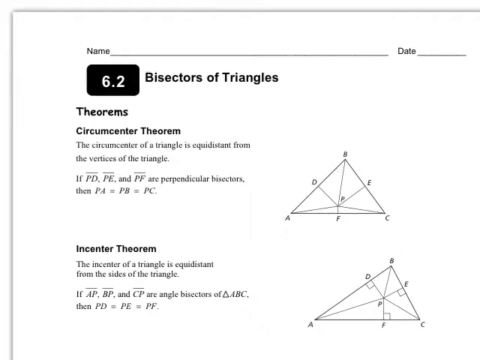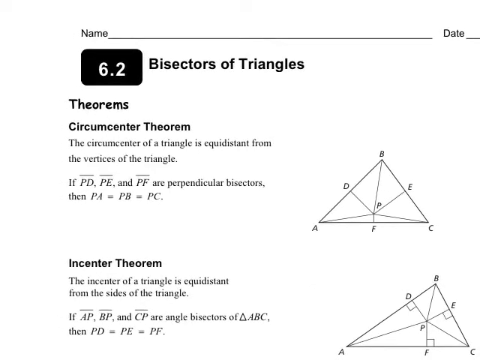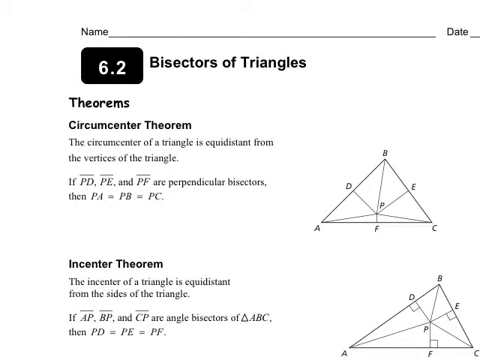So circumcenter, that's our first type. Circumcenter, you can read, is equidistant from the vertices of a triangle. How a circumcenter is created is you take the perpendicular bisectors.